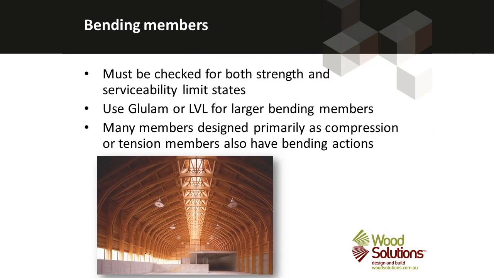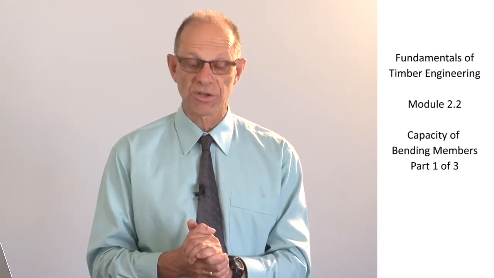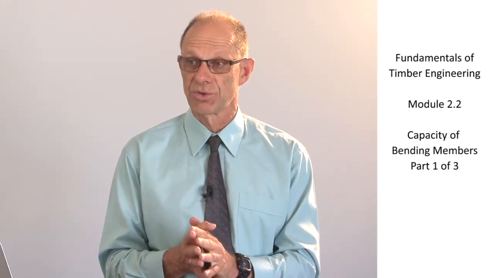Typically, bending members have to be checked for the strength limit state. There is no question about it. Every single bending member has to be checked for the strength limit state, and often if there are deflection limits, they're also going to be checked for the serviceability limit state. If we're looking at long span bending members, we're not going to be able to use rectangular sawn timber.